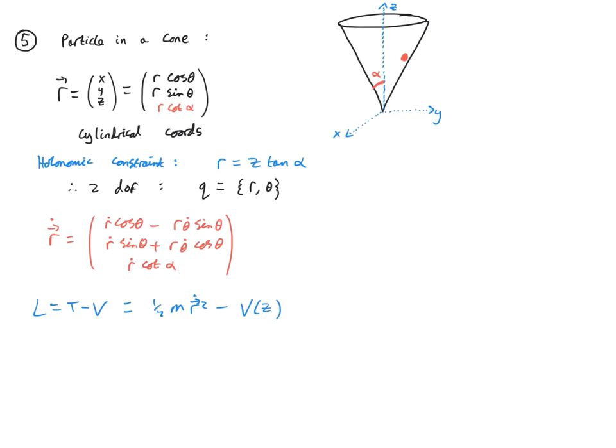So we can go ahead and use these expressions to write down the Lagrangian. With a little bit of algebraic manipulation and simplification, it's fairly straightforward to show the following. Have a go at it yourself if you're not sure.